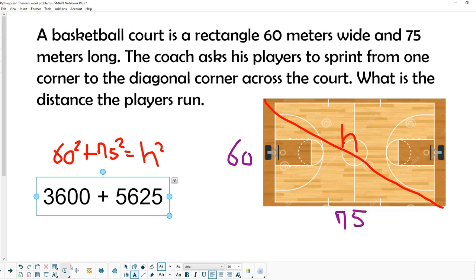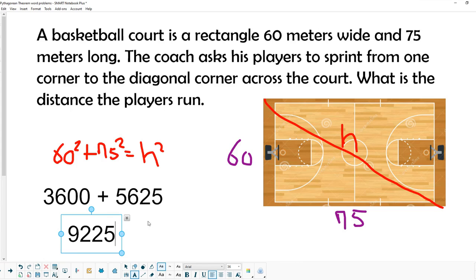So if we put those two together, we get 9225. And now we're going to do the square root of both sides.